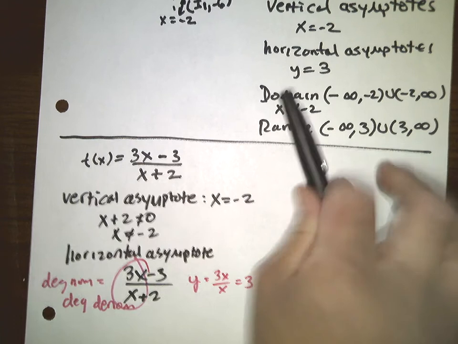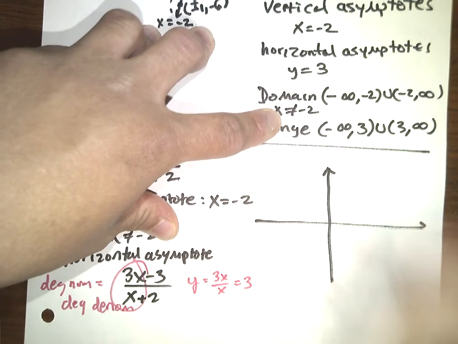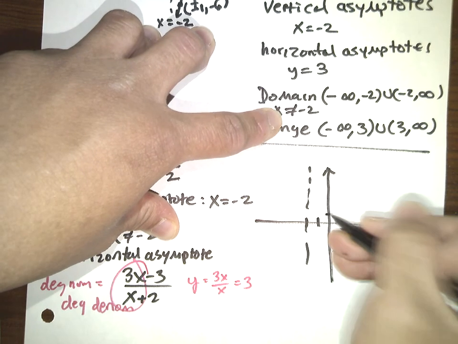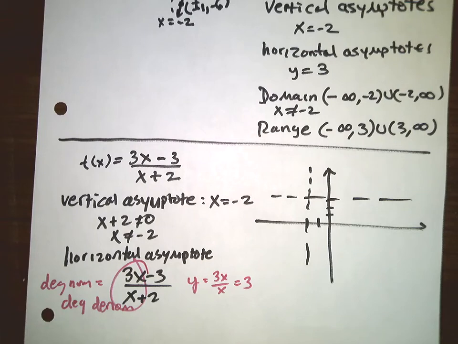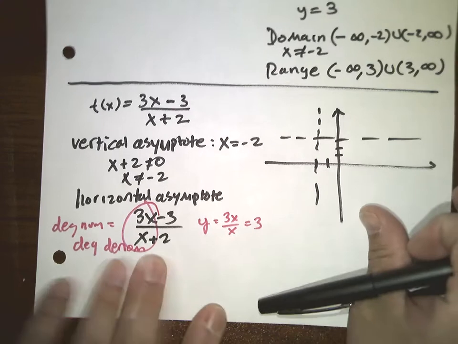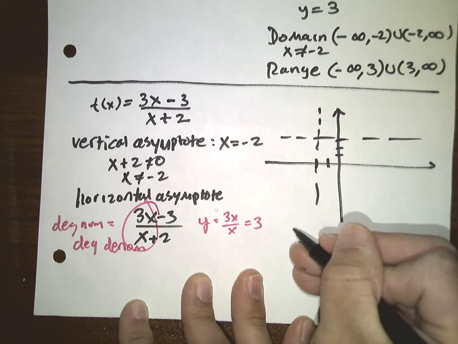Then I can already tell you what the graph looks like. It's 2, and then 1, 2, 3, and then all I really need to do is substitute some numbers to figure out where the graph is located.